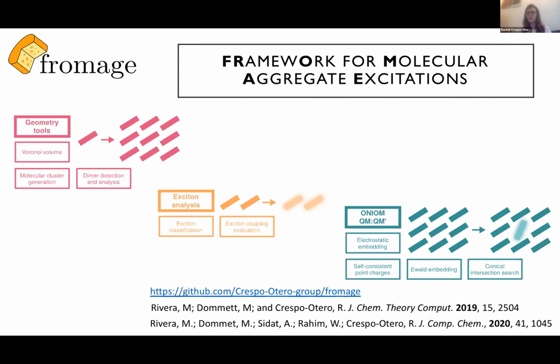One of the features of the code is that we add some electrostatic embedding methods to take into account the effect of the periodicity of the crystal on a central excited molecule. And all of these methods can be used to optimize stable minima and also conical intersections. So I invite you to take a look at the code if you are interested in this kind of problems.